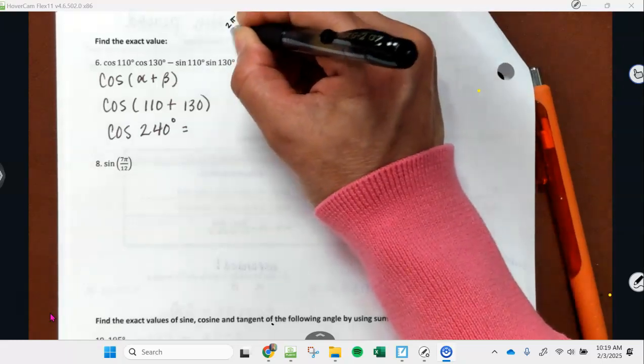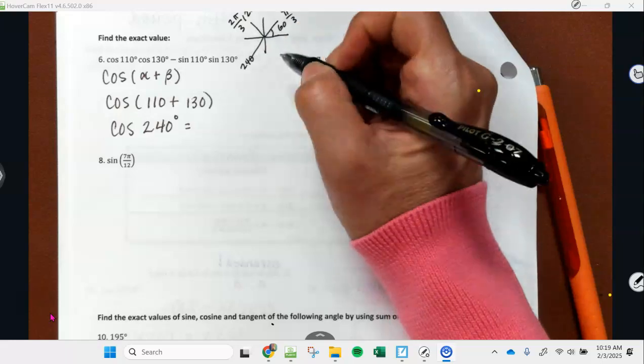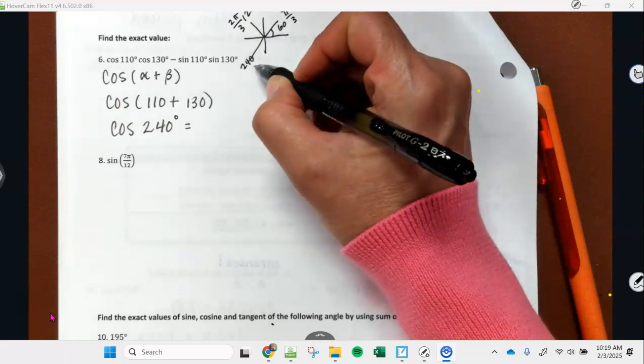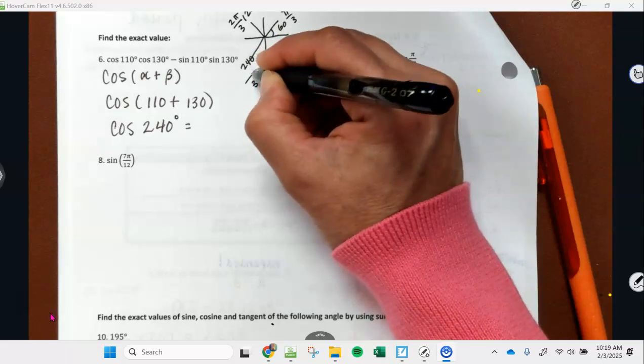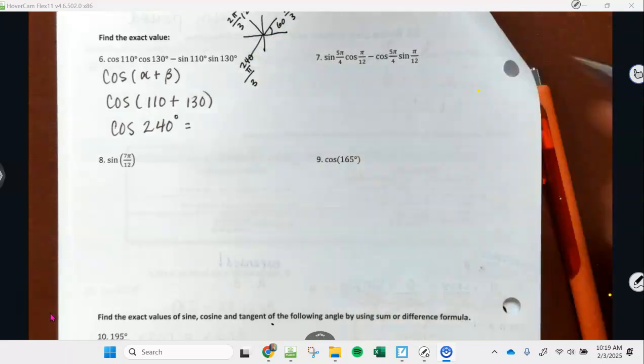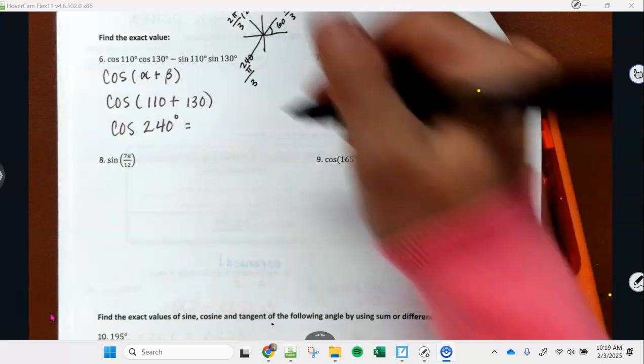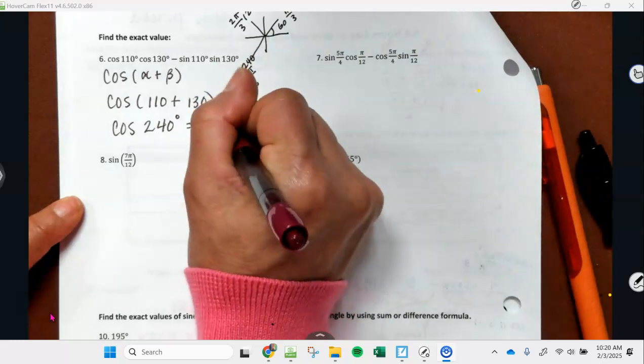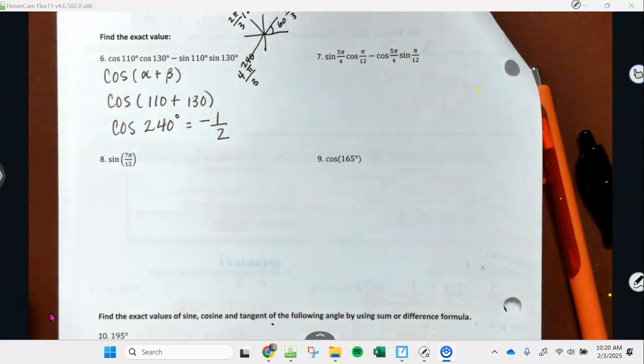I'm sorry, 120 is 2 pi over 3. So what is 240? It's over 3. But it's in quadrant 3, so what's the numerator? Do y'all know the cosine value for that? Indeed. Good job. That's going to be the answer. They wanted exact value. Boom. There it is.